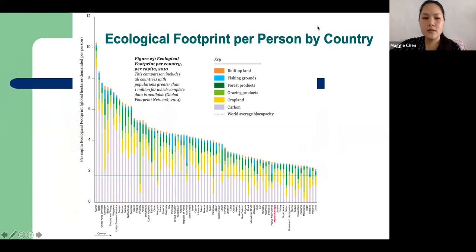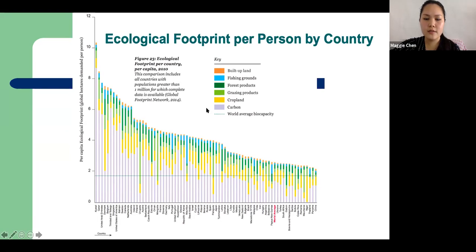Now, if we're looking at highly developed countries, this chart is showing us that. This is from 2010. Across our X, our horizontal axis, we have different countries listed out, and across our Y is our ecological footprint in global hectares per person.